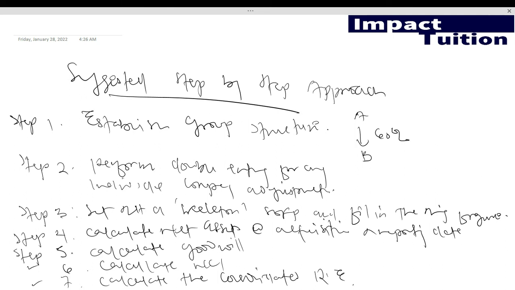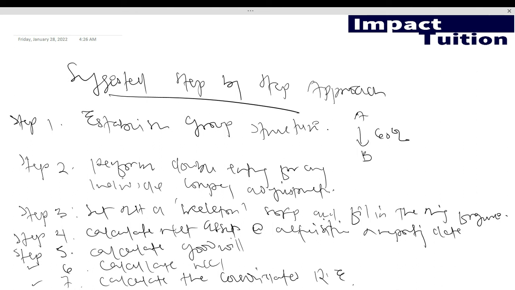Alright, thanks for watching. We've done the introduction, a brief intro about the whole consolidation, and we've gone through the major workings and how each major working is calculated, and we ended by looking at the suggested step-by-step approach to the consolidated statement of financial position.